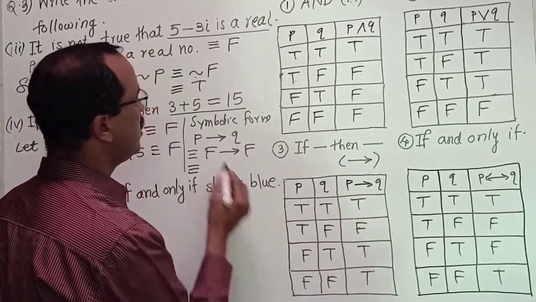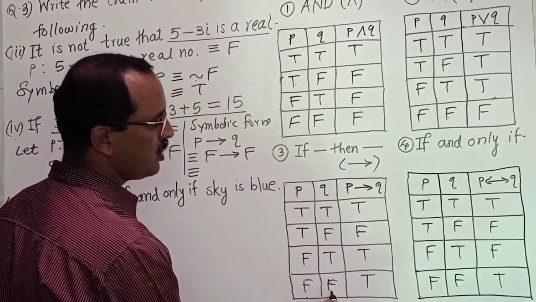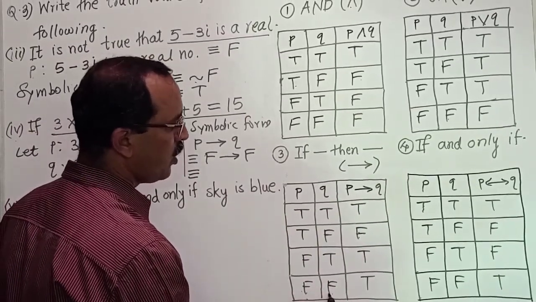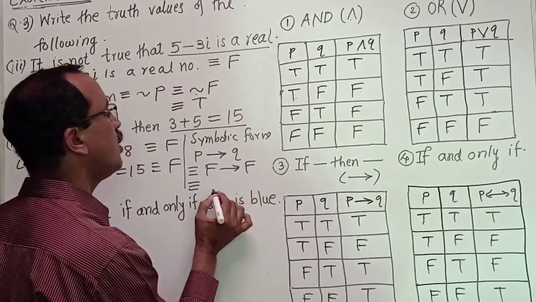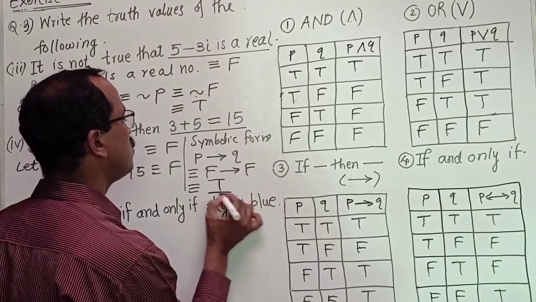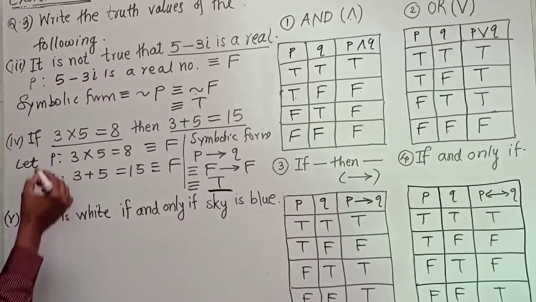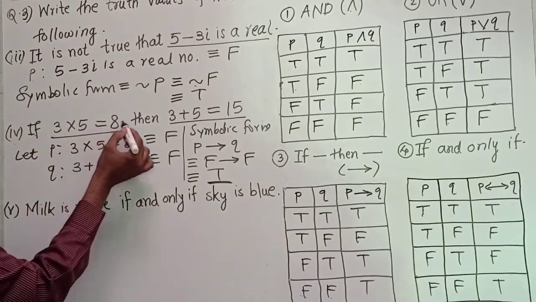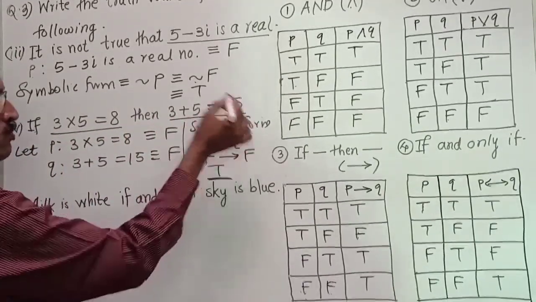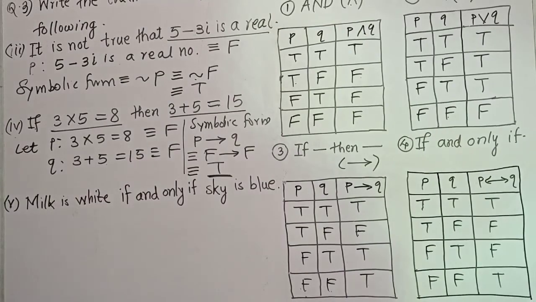If then, the first statement is false, the second statement is false, F implies F. If F, then we get T. So F implies F, we get T. So the resultant value is T. So the truth value of the statement, if 3 into 5 is equal to 8, then 3 plus 5 is equal to 15, is true.